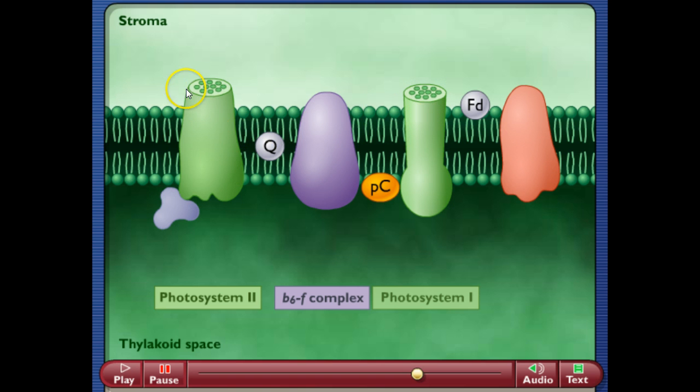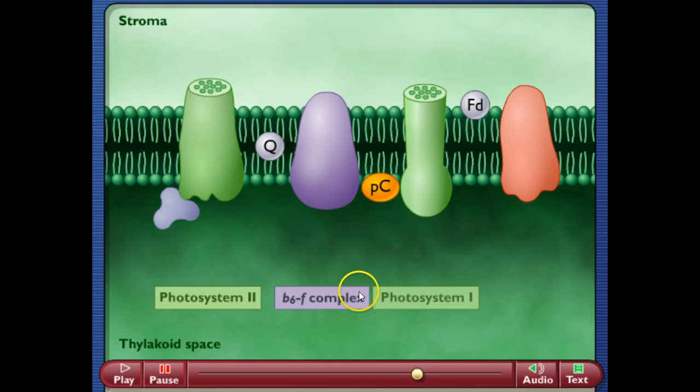And the electrons that were lost in photosystem 2 are replaced by the water molecule that was stripped of its electrons in this water splitting enzyme right here. Oxygen was released into the atmosphere. The electrons replaced these electrons, and the hydrogen ions were used to phosphorylate ADP into ATP.